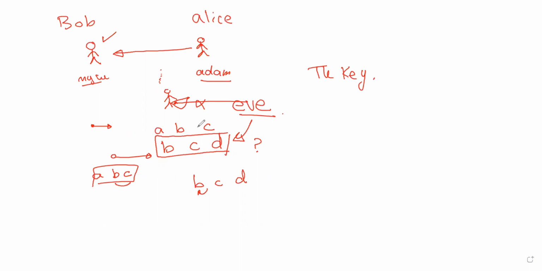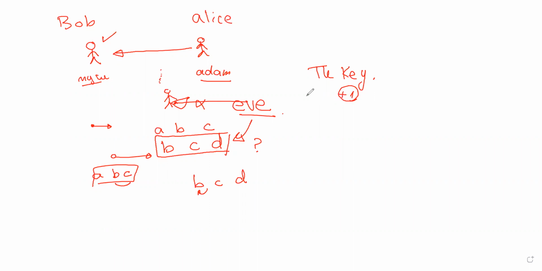In this specific case of shifting the letters from A to B, B to C, C to D, the key was just +1. And this key had to be shared with Alice and Bob very securely. We had to physically meet. But what if we can't physically meet? This algorithm or this way is useless, right?